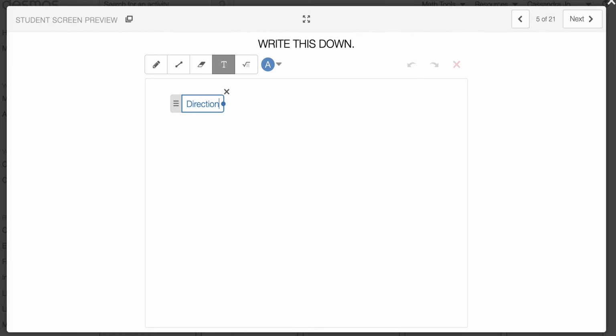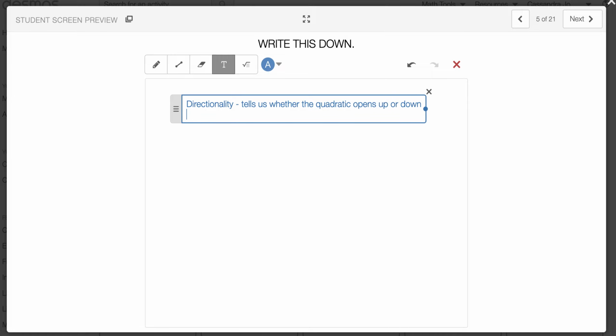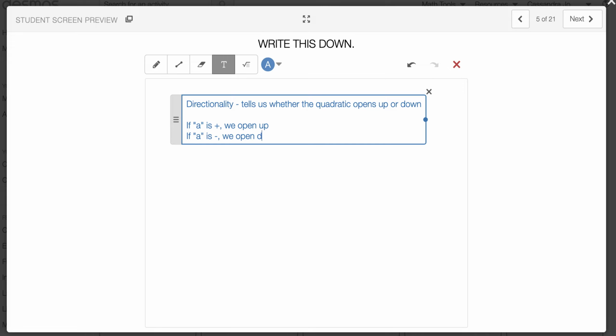Directionality tells us whether the quadratic opens up or down. Those are the only two choices. To determine that from an equation, if A is positive, we open up, and if A is negative, we open down.